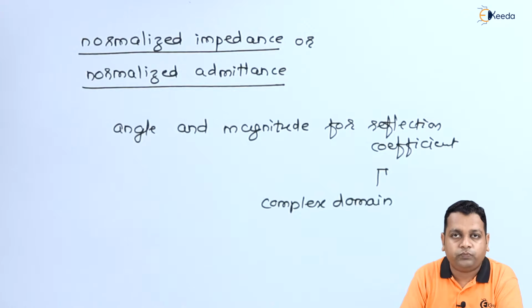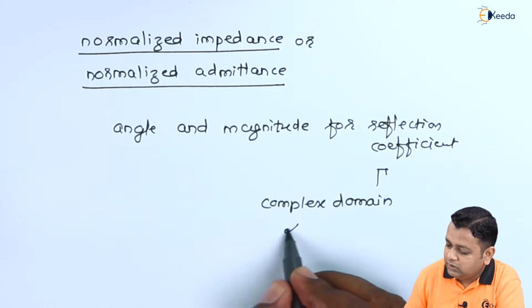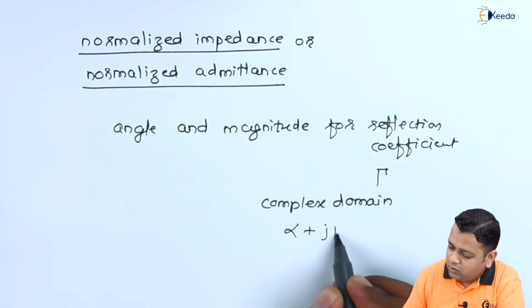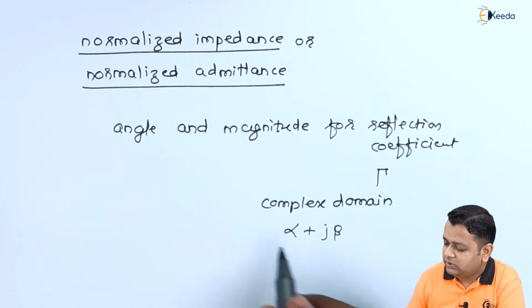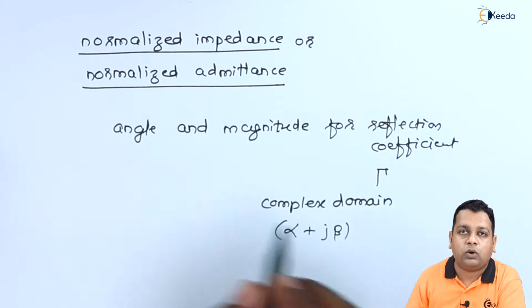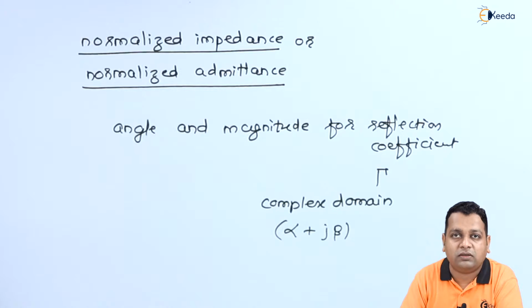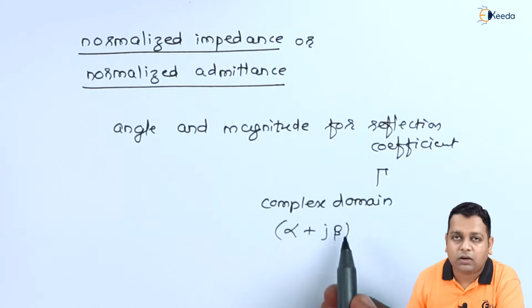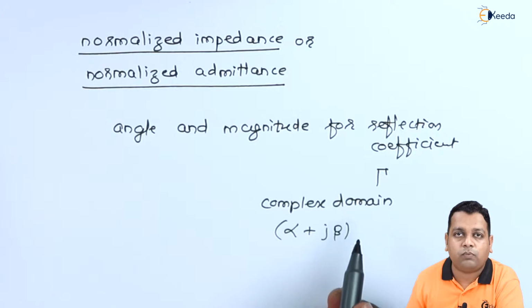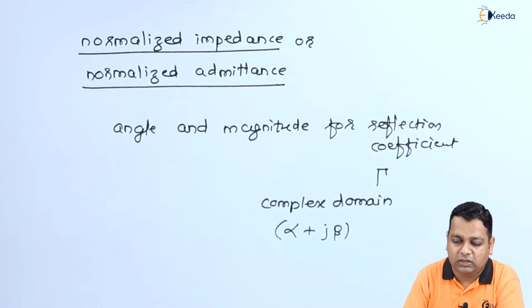So in the Smith chart we have the complex representation of the values, which involves the real part and the imaginary part. This is the generalized representation, not exactly the attenuation coefficient and the phase shift coefficient. The real part and the imaginary part are both plotted inside the Smith chart.